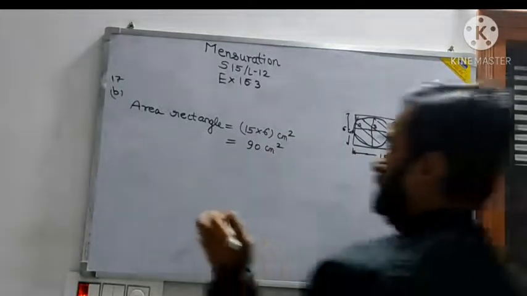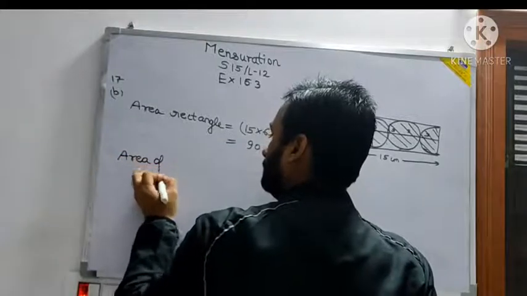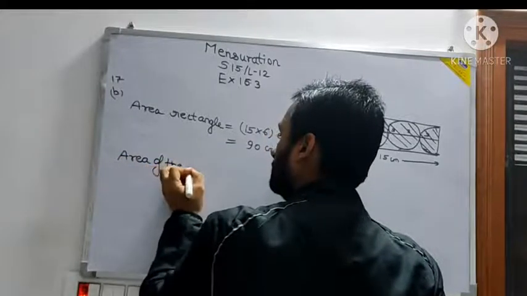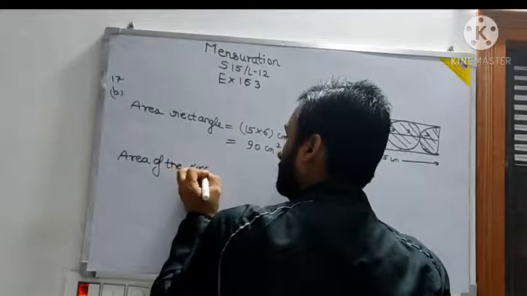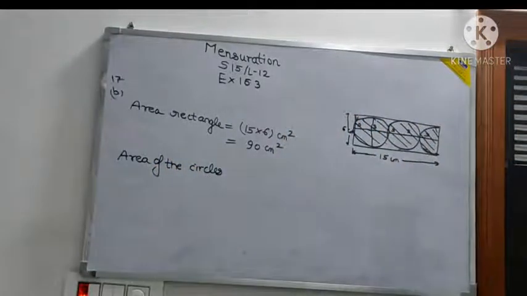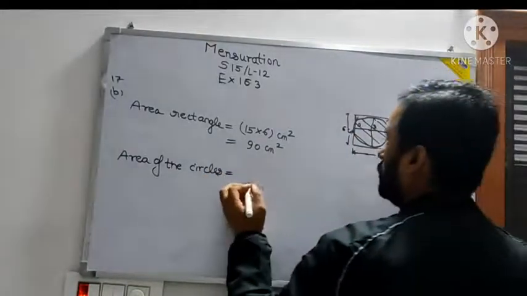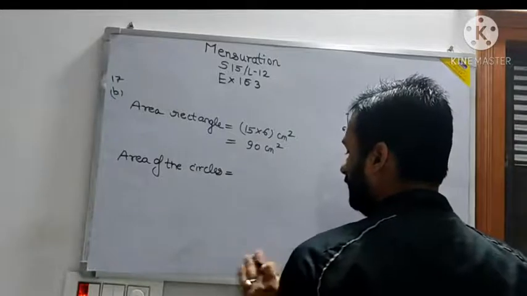In the question also it is telling what value of pi you will take. Write here area of the circles. If you don't know how to write circles, you can also write area of the shaded region. How many are there? 2 plus half, so 2.5, that means 5 by 2.